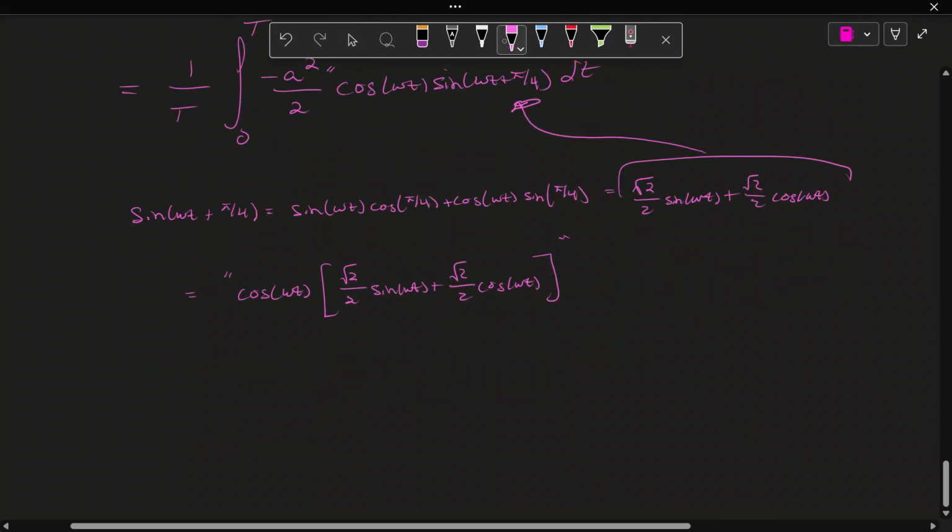Yeah, we can do this here. Equal to root 2 over 2. Let's see, we'll take the root 2 over 2 out, and what we'll get is cosine squared of omega t plus sine omega t cosine omega t. And now we actually have the negative A squared over 2, so this portion becomes negative A squared root 2 over 4.